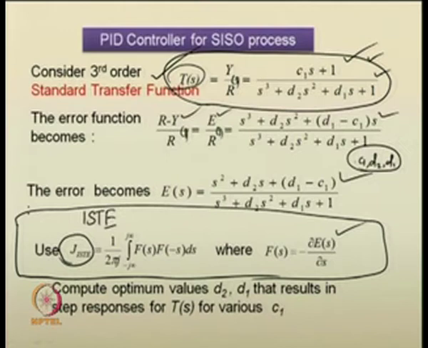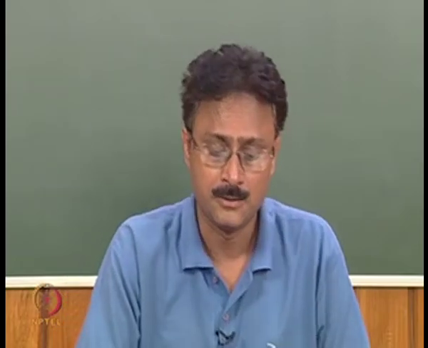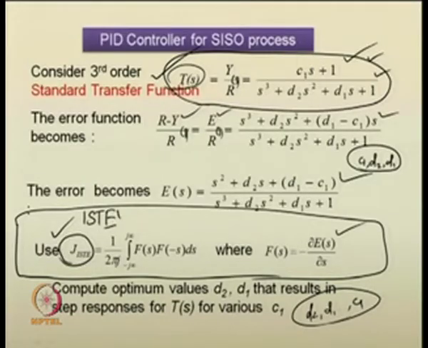Writing some simple MATLAB code, it is easy to minimize this performance index. Minimization of this performance index yields a set of D's, meaning all the D coefficients D2, D1 and so on, and C1, and that ensures us the minimum value of the ISTE criterion.